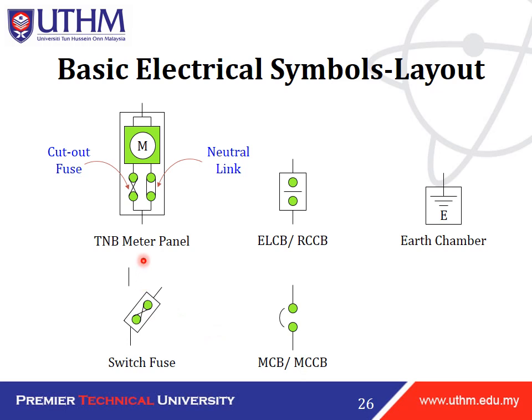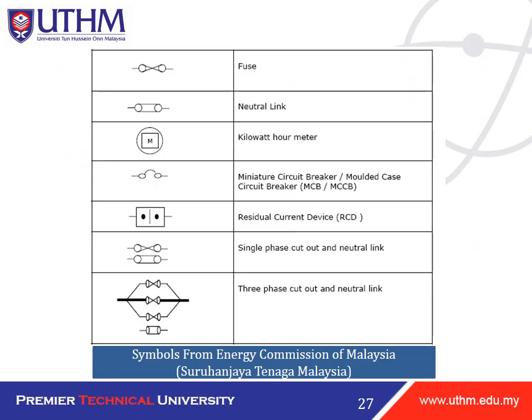This is for TNB meter panel. We have cut out fuse and also neutral link, and then we have switch fuse. We have also ELCB or RCCB, and then we have MCB or MCCB, and also earth chamber. This is the symbol from the Energy Commission of Malaysia.